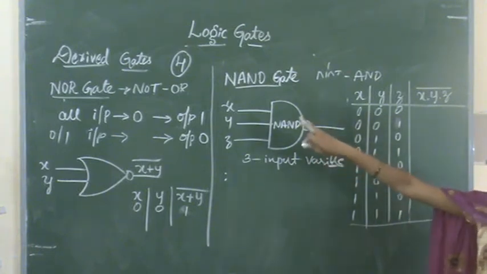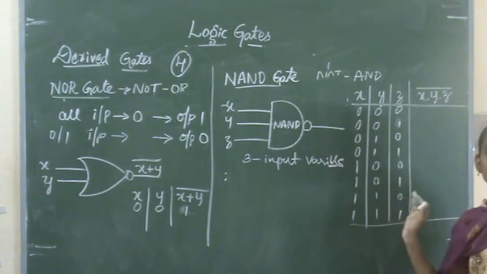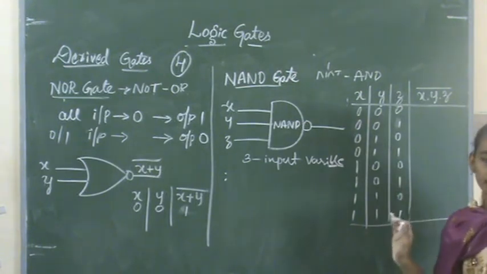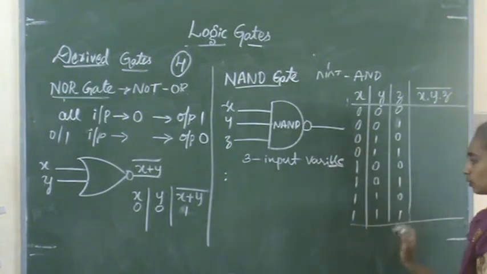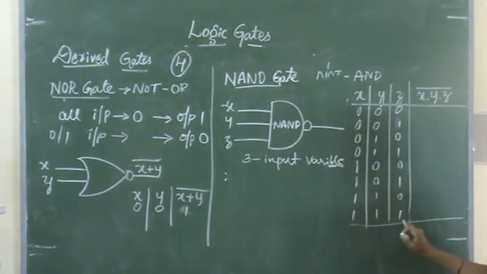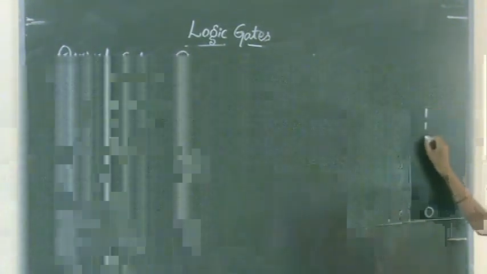These are the combinations we have for 3 input variables. I told you for the NAND gate, if all the inputs are 1, then the output will be 0. So here all the inputs are 1, so the output is 0. Otherwise, the output is 1.